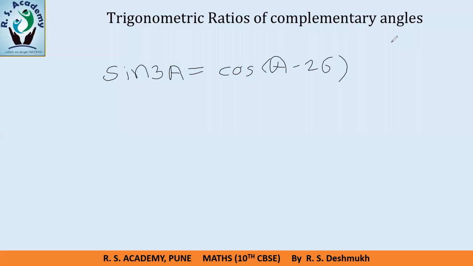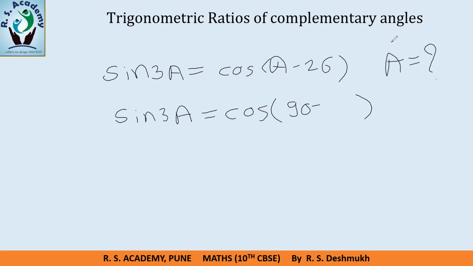What they have given: sine 3a is equal to cos of a minus 26. Find the value of a. The first thing, we know that sine theta is equal to cos of 90 minus theta, that is 90 minus 3a. So instead of writing sine 3a, I can write cos of 90 minus 3a.